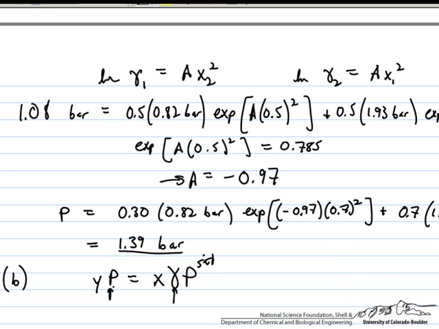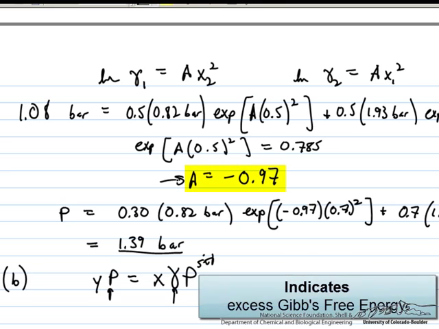And this makes sense in terms of the interactions between the molecules in the liquid phase, because this negative value indicates an excess Gibbs free energy that is negative, so a negative contribution to that. So there are stabilizing interactions between the liquid phase components. They are attractive to each other, and they attract each other more than they are attractive to themselves.